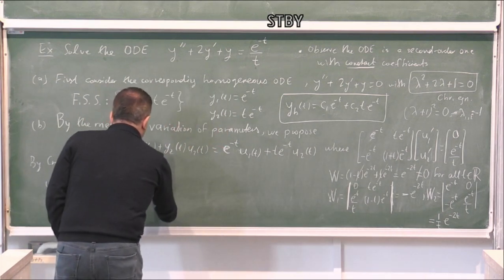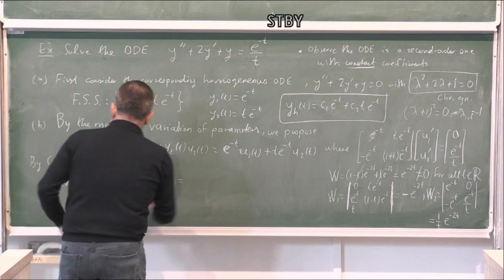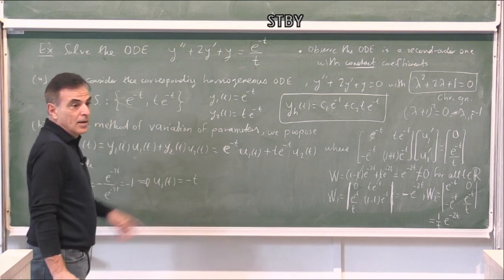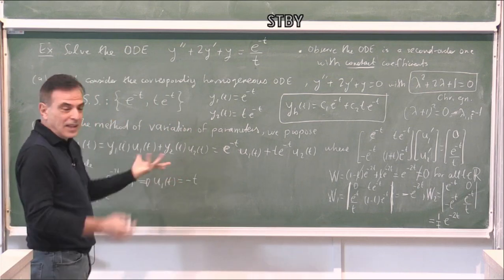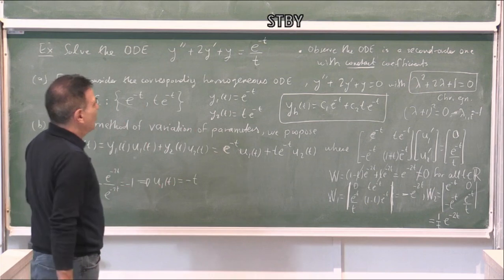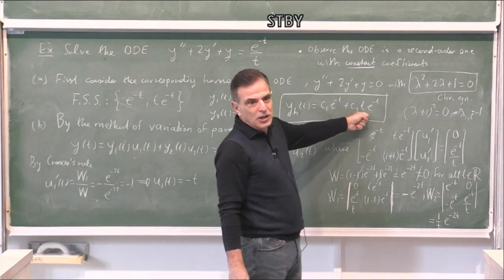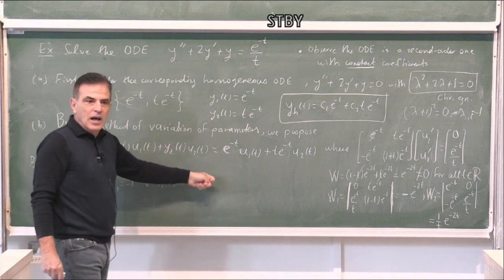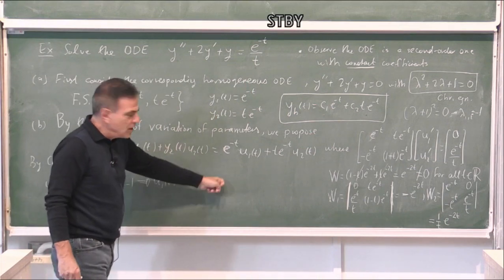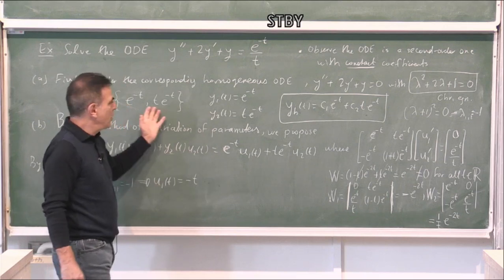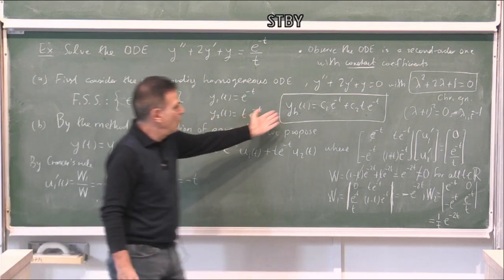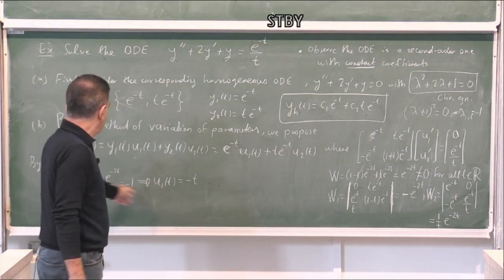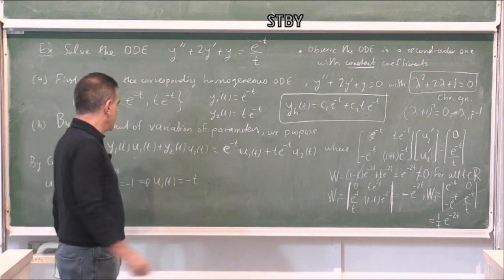Therefore, u1 of t, integrating, is minus t plus some constant, but we can take that constant as 0 because we already know the homogeneous solution. If arbitrary integration constants are introduced, then we generate the general solution, including the homogeneous solution as well. But since we are looking for a particular solution, let's take the arbitrary integration constant as 0.